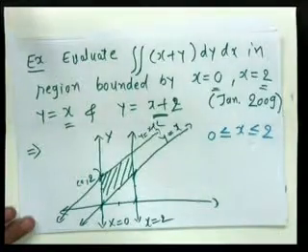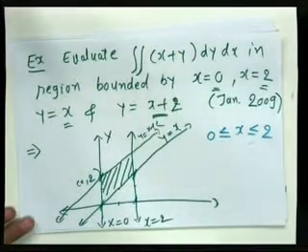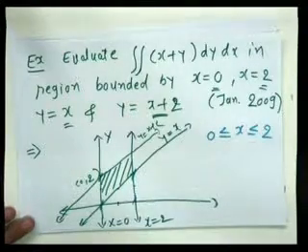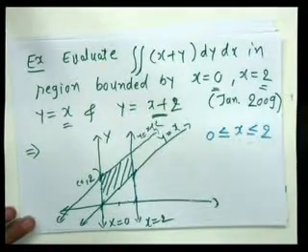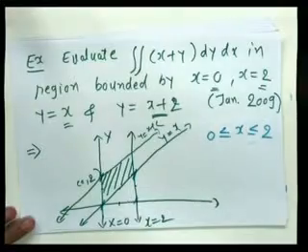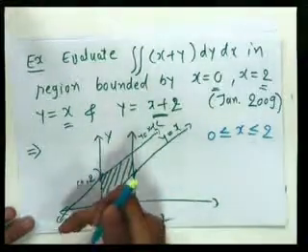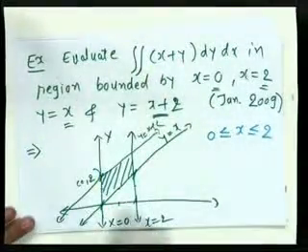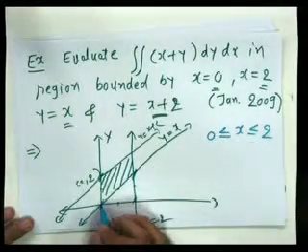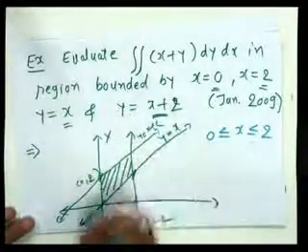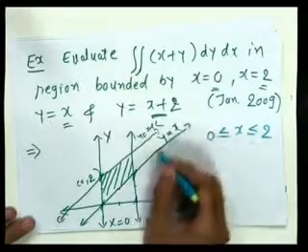Having fixed the limit of x, the limit of y is in the format of x. When we want to fix the limit of y, we need to consider from the lower limit to the upper limit. Here the lower boundary of our region is y = x, that means this line.